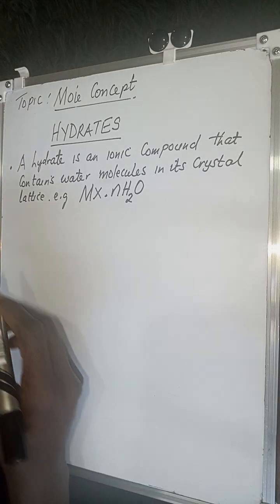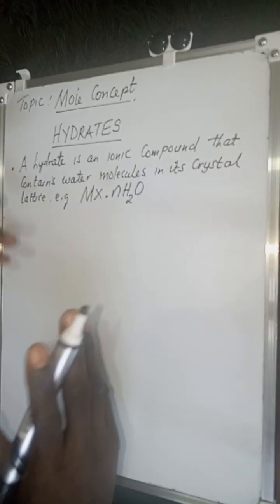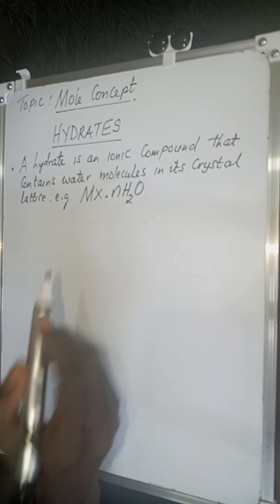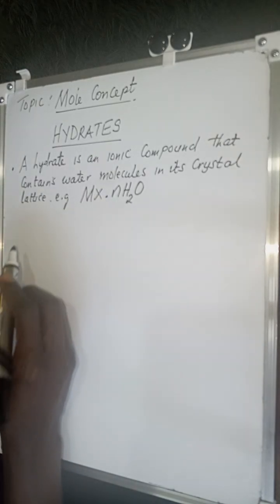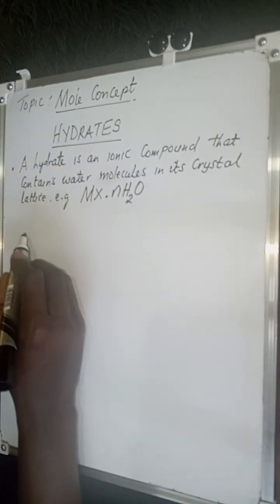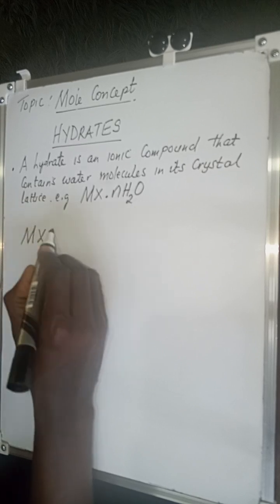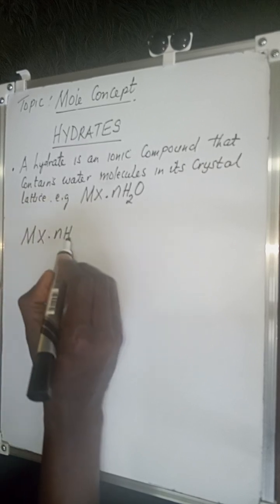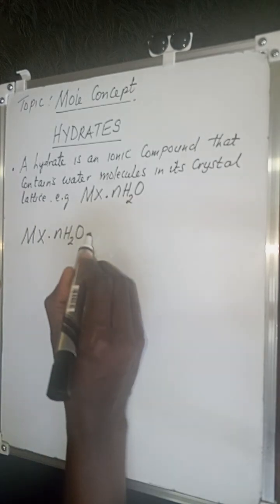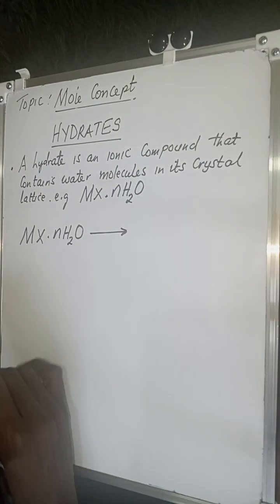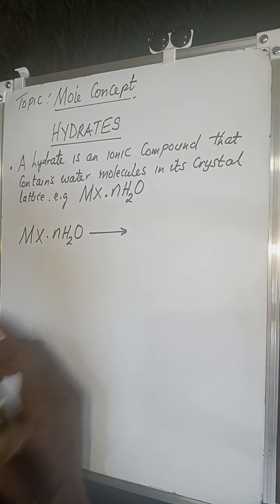Now, remember that in order for us to determine the formula of such a hydrate, or to determine the number of water molecules, first of all, we can take the hydrate with n number of water molecules and heat it completely to dryness such that it becomes anhydrous.